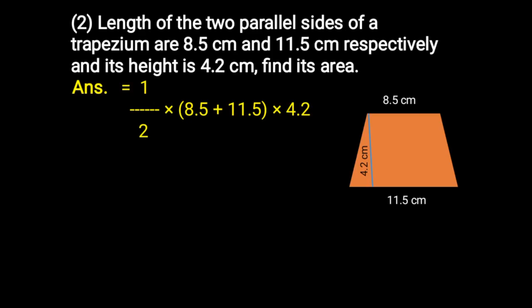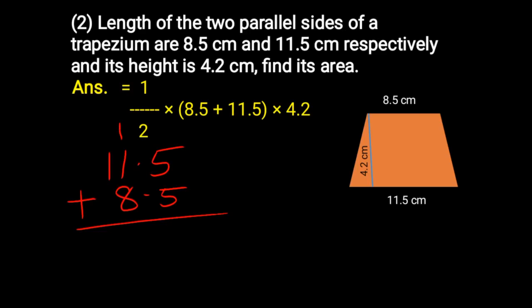You have to add first 11.5 plus 8.5 in brackets, and then write the multiplication. The numbers 8.5 and 11.5 are the two parallel sides of a trapezium. Five plus 5, 10. 1 you have to carry up.